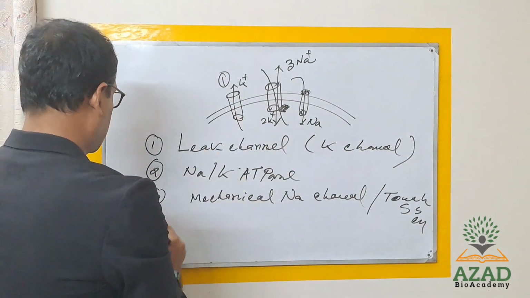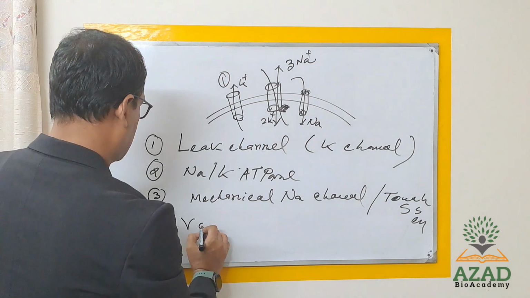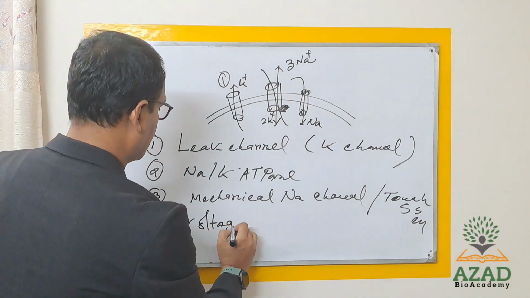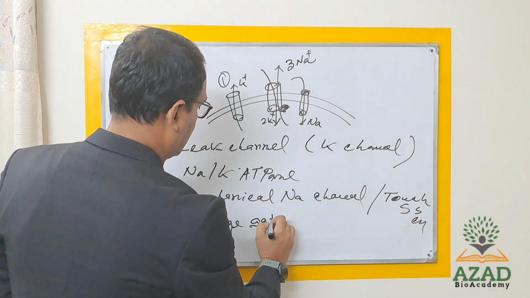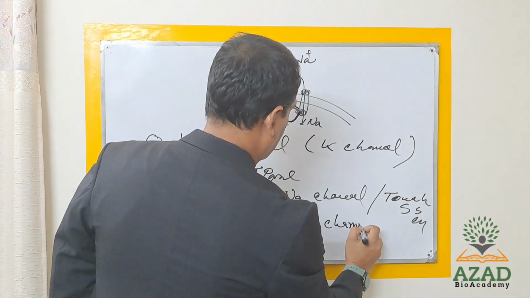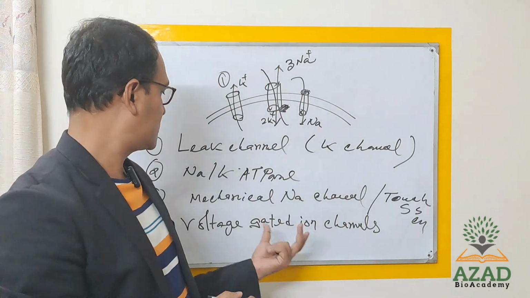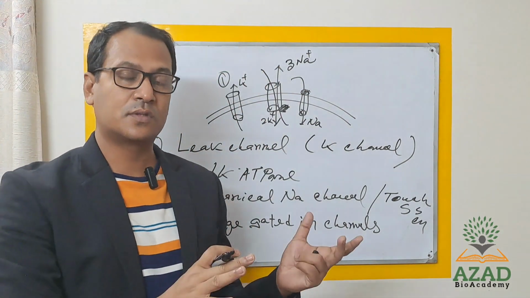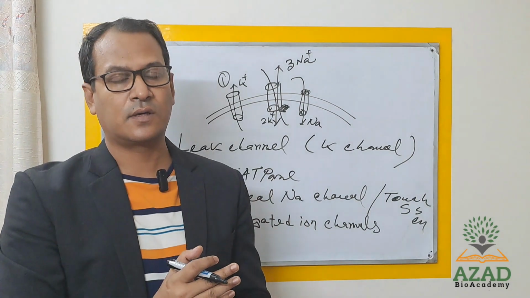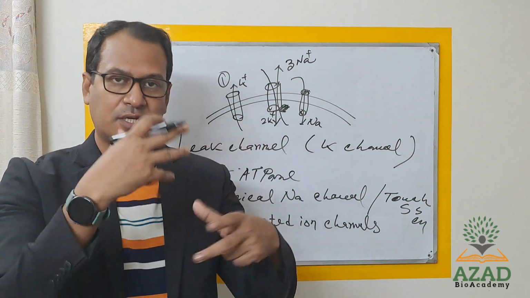The fourth one is the voltage gated ion channel. Voltage gated ion channels open or close under the influence of voltage difference, that is, potential changes.